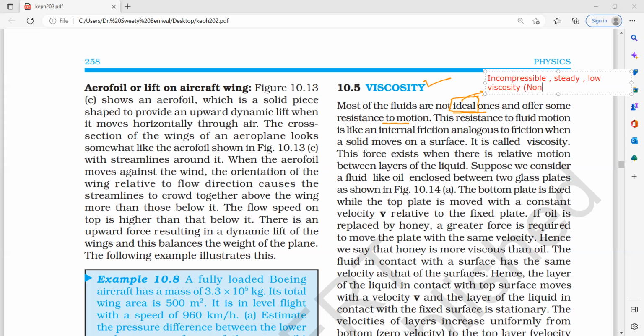We can sometimes use the word non-viscous. So if any fluid has these three properties, you can say it resembles an ideal fluid.